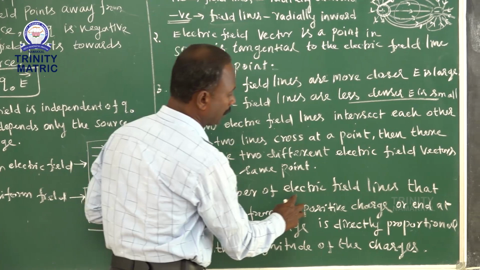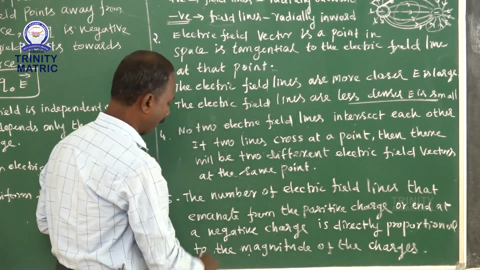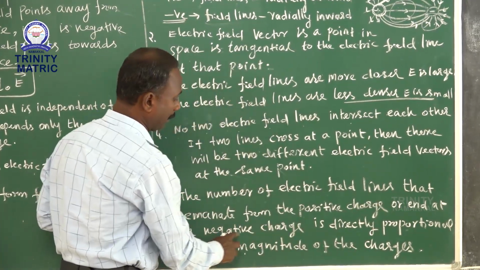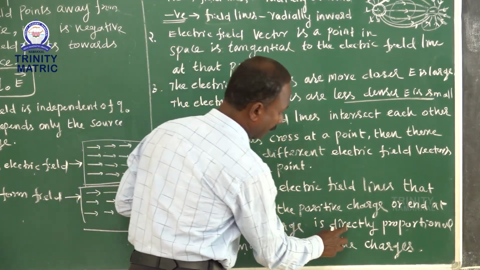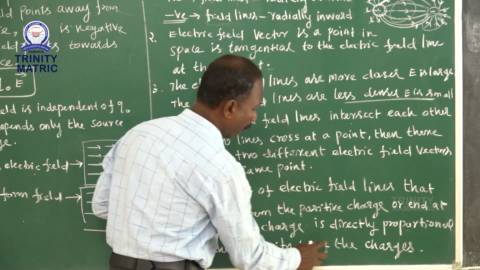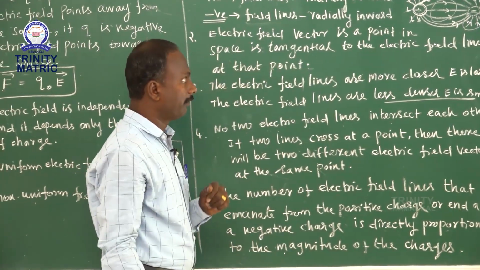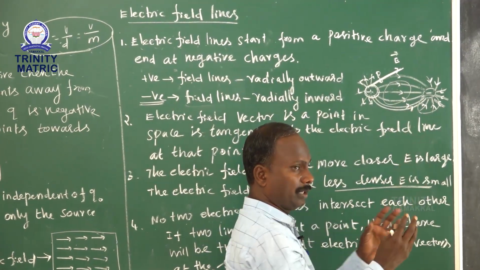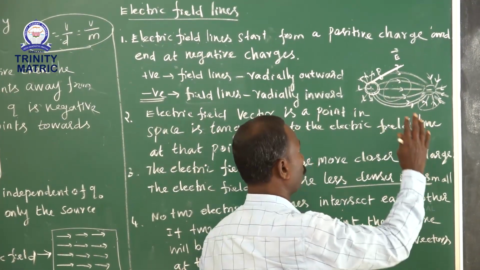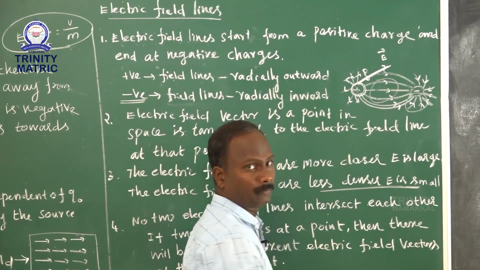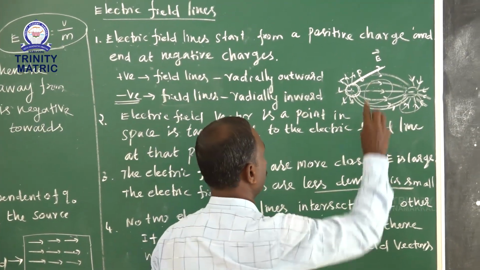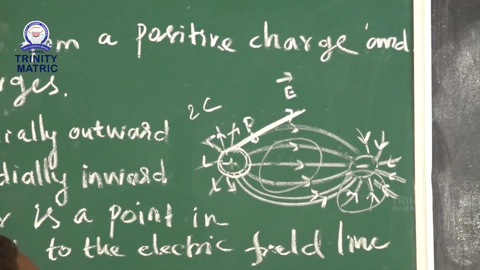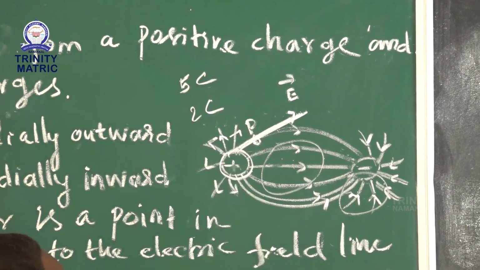Then, the number of electric field lines that emanate from the positive charge and end at the negative charge is directly proportional to the magnitude of the charges. Whether the electric field is strong or weak depends only on the magnitude of the charges. For example, one charge is 2 coulomb and another is 5 coulomb.